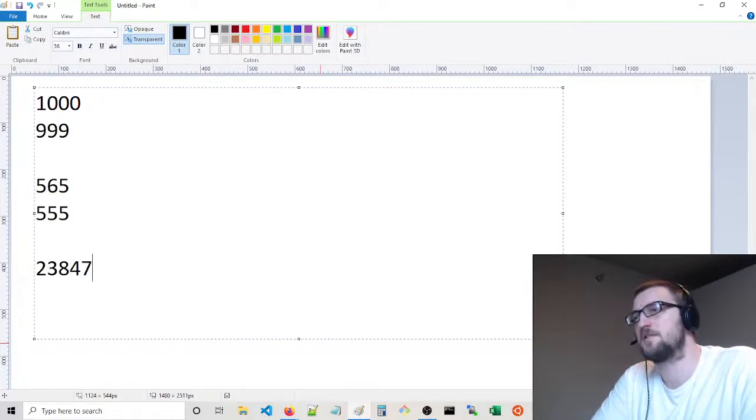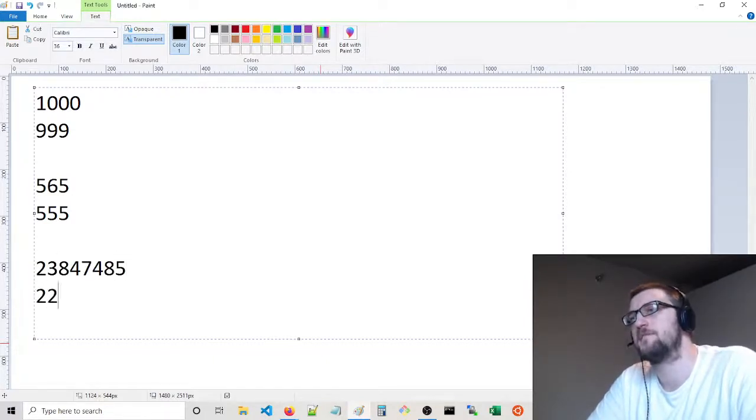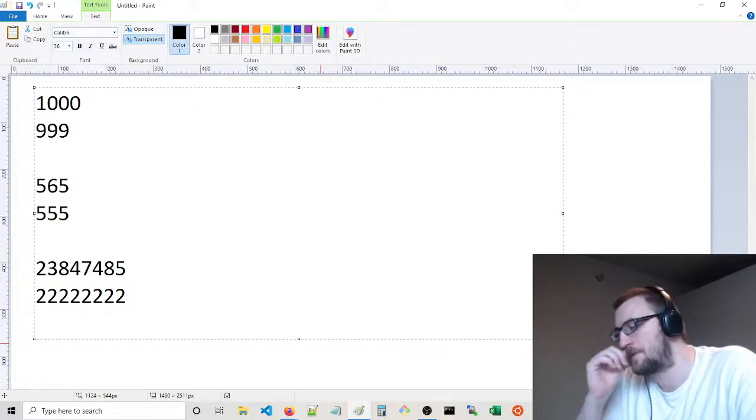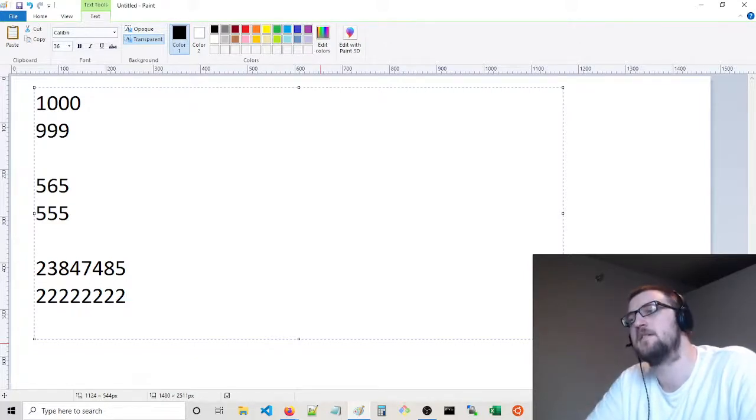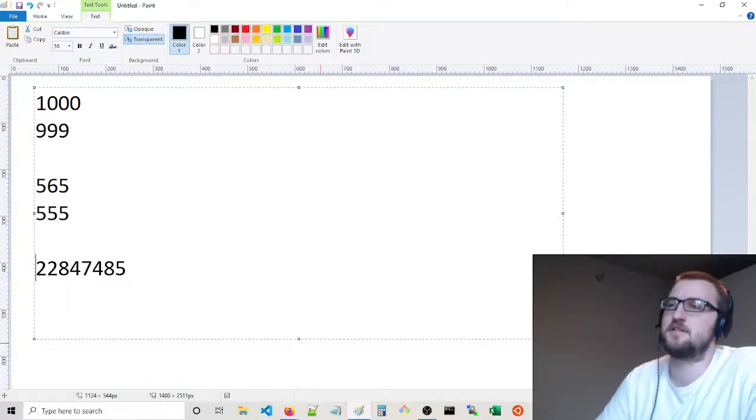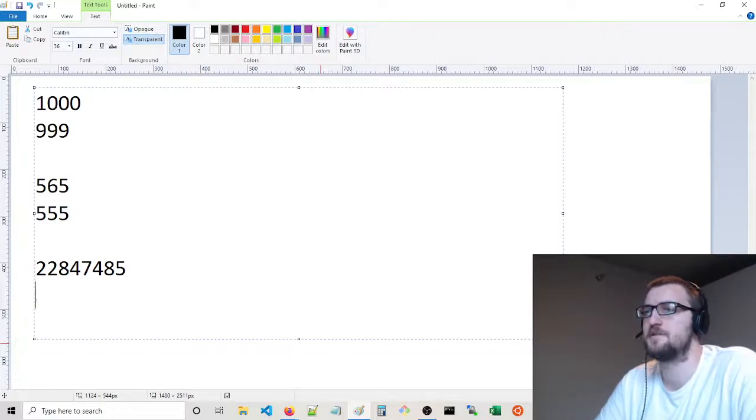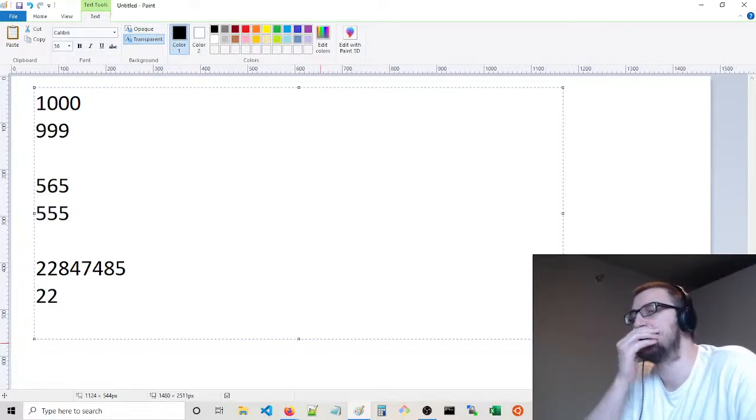So let's do a random string of digits. 2, 2, 2, 2, 2, 2, 2 looks fine. The tricky thing though is, let's see, a 2, 2 here. You could do 2, since 2 is smaller than all of the following digits. However, this one, you could do 2, 2, 8.